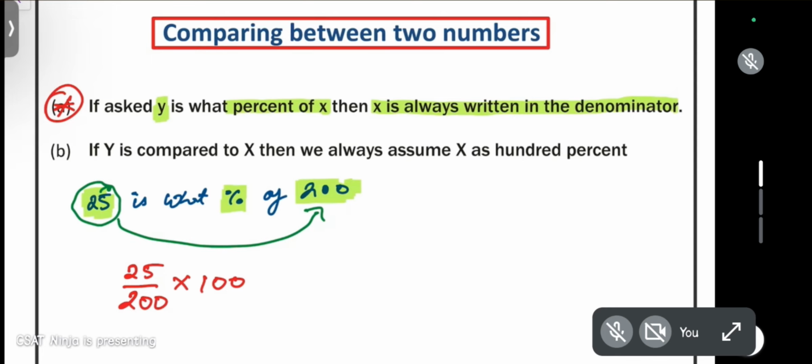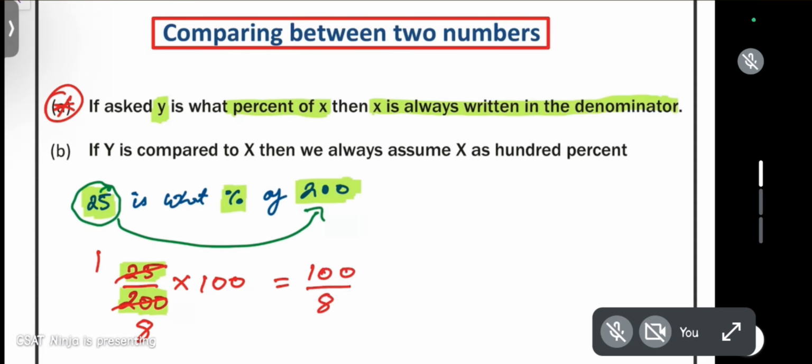So the first rule says, if asked y is what percent of x, then x is written in the denominator. I've done the same thing here. 200 in the denominator and 25 in the numerator. Now if I cancel this, 25 ones are 25, 25 eights are 200. So I'm getting 100 by 8.